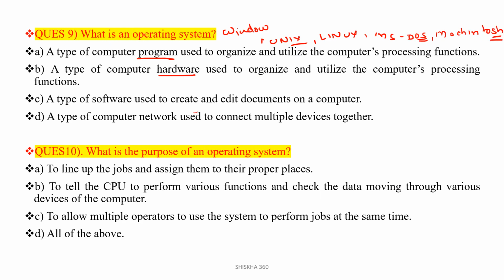All of these are operating systems. Are these hardware or software? Basically, they are computer programs, not computer hardware, used to organize and utilize the computer's processing functions. So option number A will be the accurate answer.